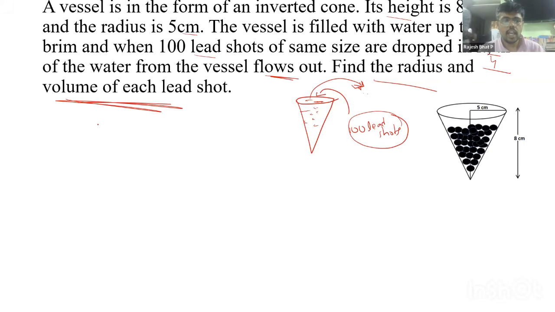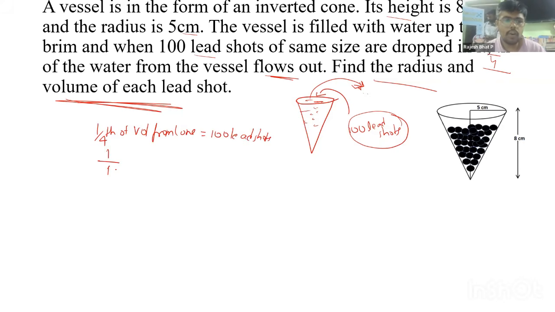So basically 1/4 of the volume of the cone has come out when you drop 100 lead shots.